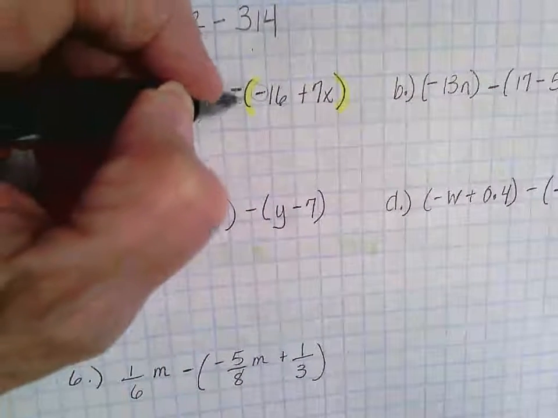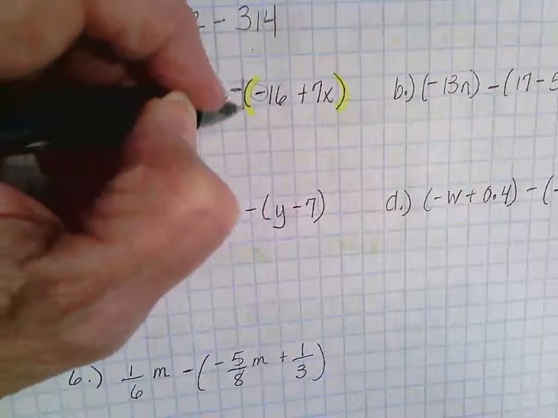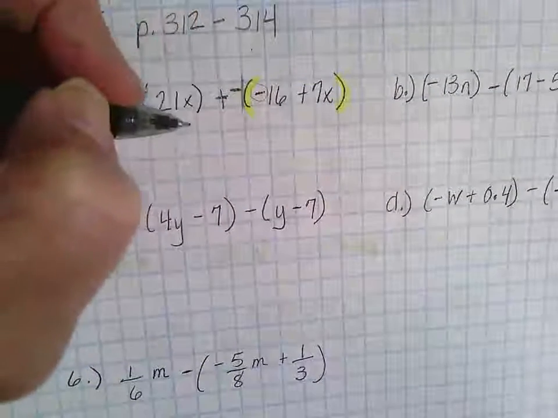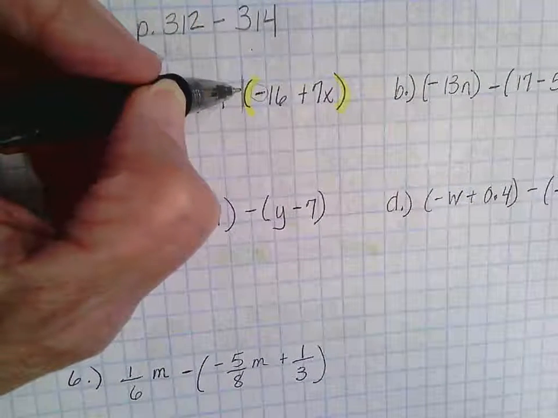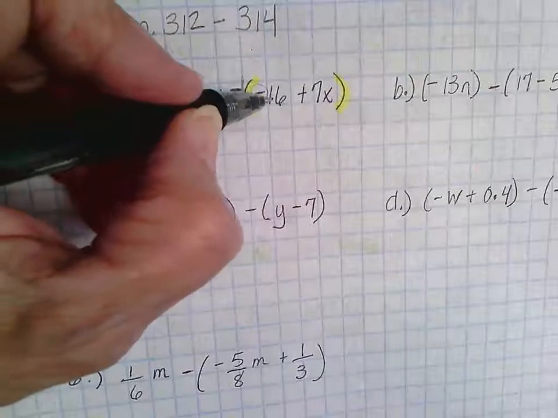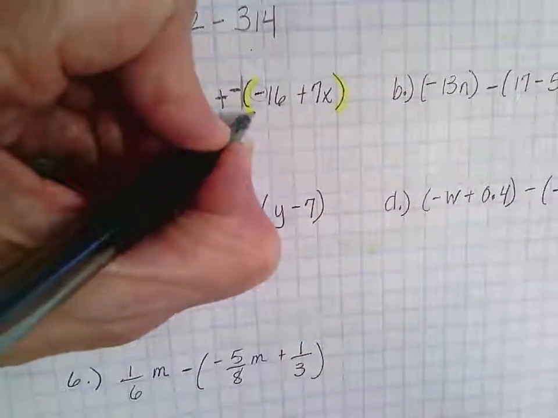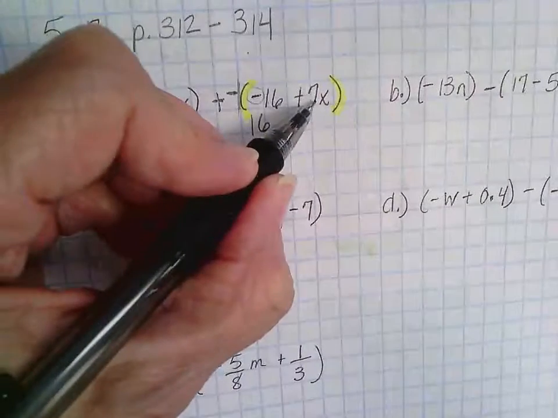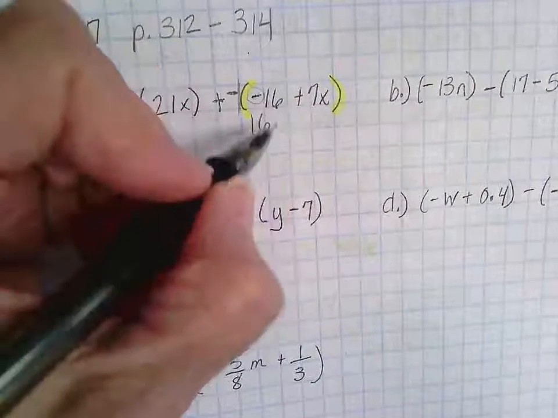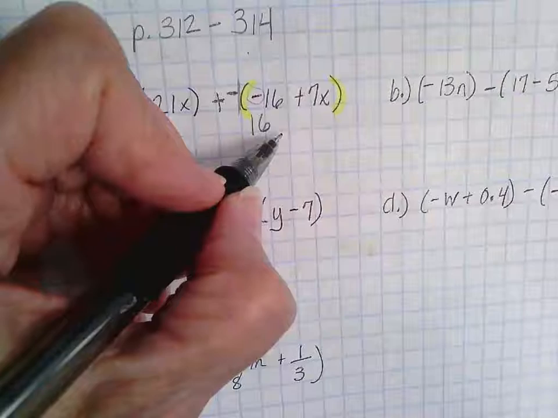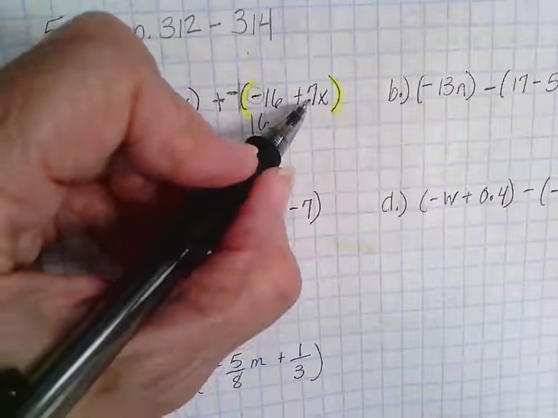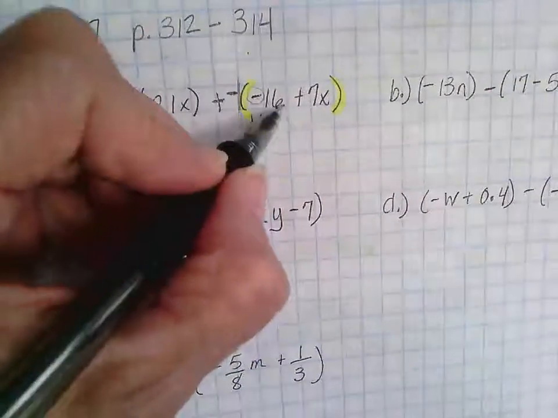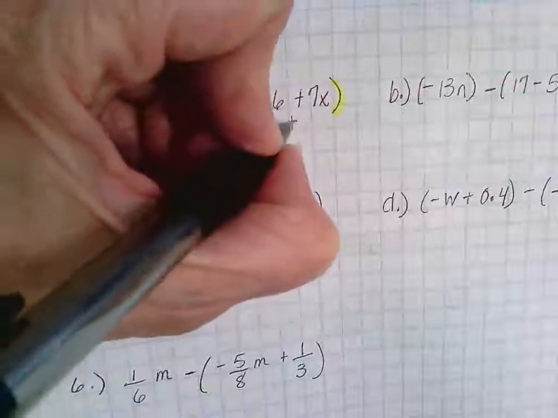So as I said in class, you can imagine an invisible 1 there if you want to. A negative 1 times a negative 16 would give me a positive 16. And a negative 1 times 7 is going to give me a negative 7x.